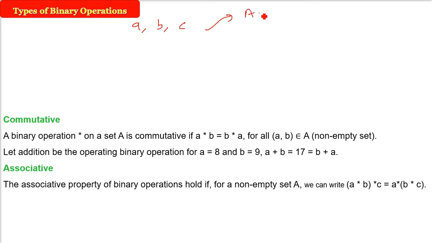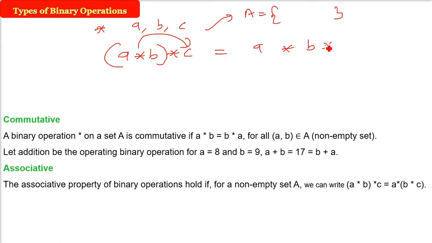Then we are taking a set A, capital A, and from this we are picking up three values, say small a, b and c. And what is star? You know, star is an operation. So (a star b) star c: we have to take a star b first and the result has to be operated with c. The result should be equal to a star (b star c). That is, now here first we will operate b and c and then the result will be operated with a.